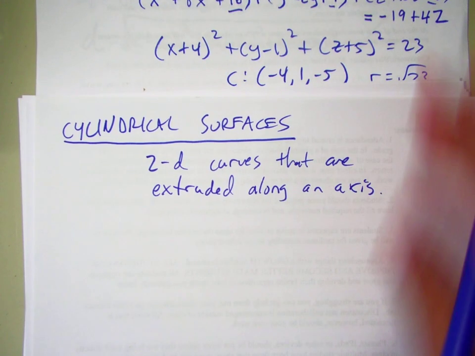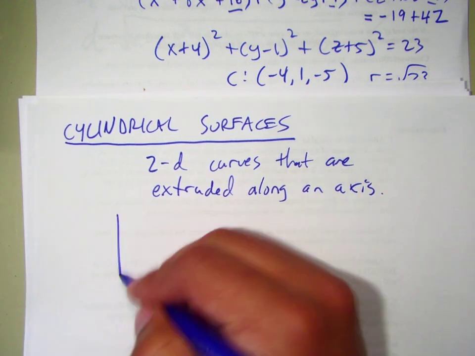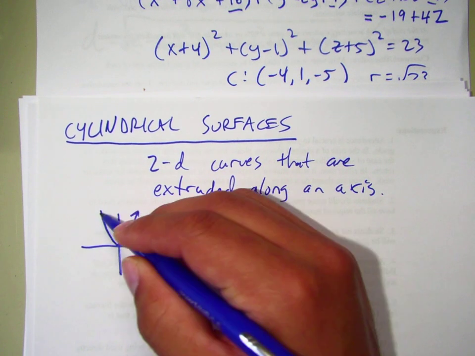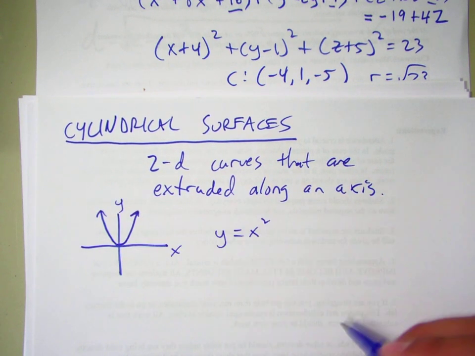Okay? So basically every two-dimensional graph that you guys have done can be graphed in 3 dimensions, and here's why. Imagine a parabola. Here's your typical y equals x squared graph, right?